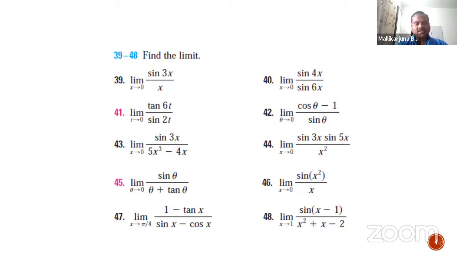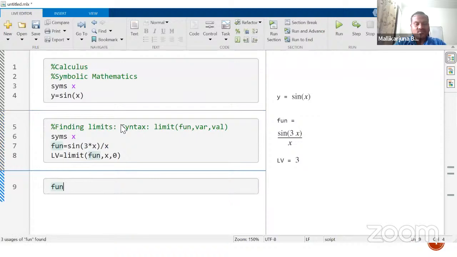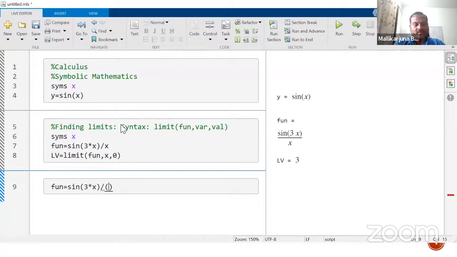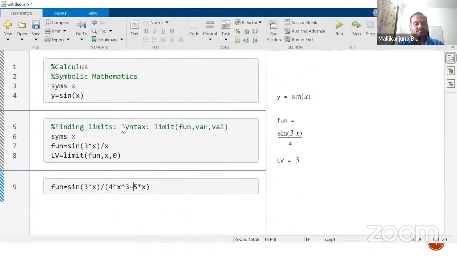I will try the 43rd problem: sin 3x by 5x cube minus 4x. Oh, sorry, 5x cube minus 4x. Yeah, this is MATLAB base.